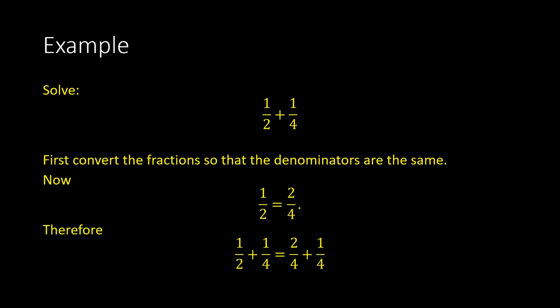Therefore, a half plus a quarter equals 2 out of 4 plus 1 out of 4, as shown. Finally, add the numerators to give 3 and leave the denominators alone to give 4. So we have 3 out of 4.